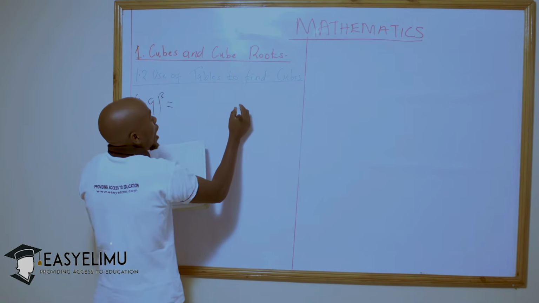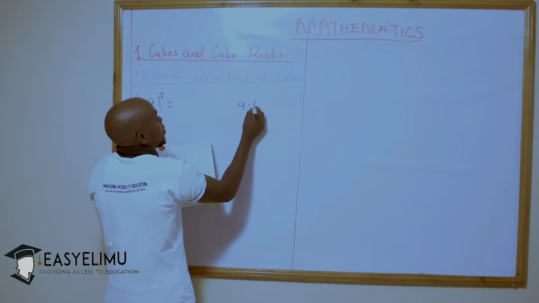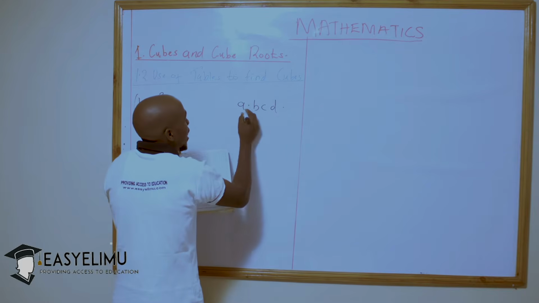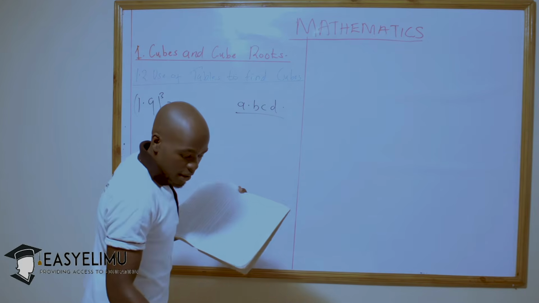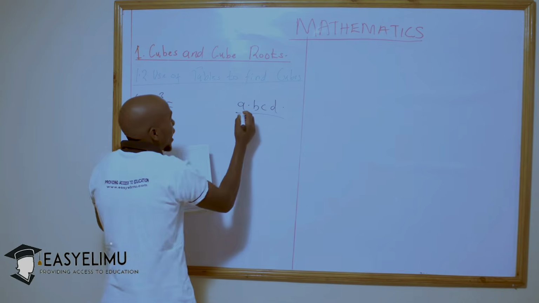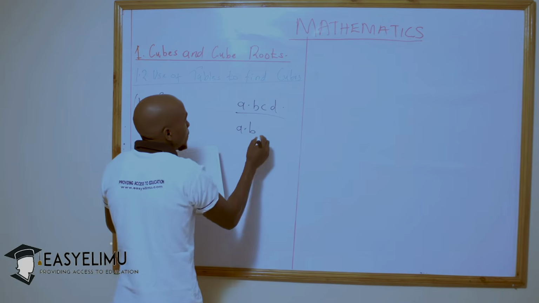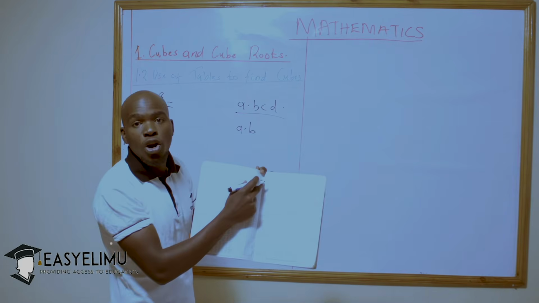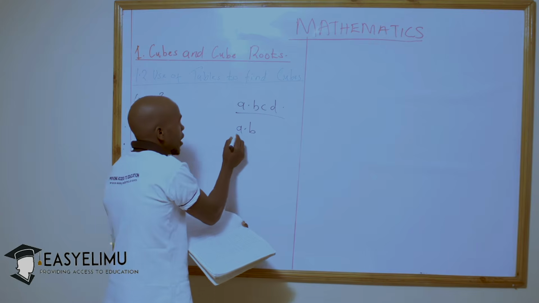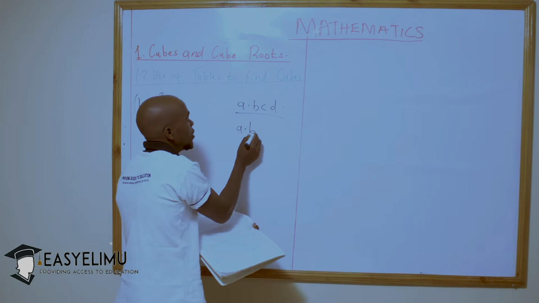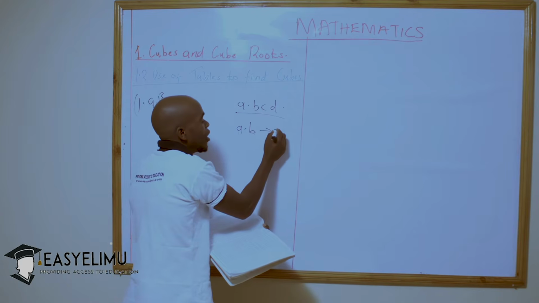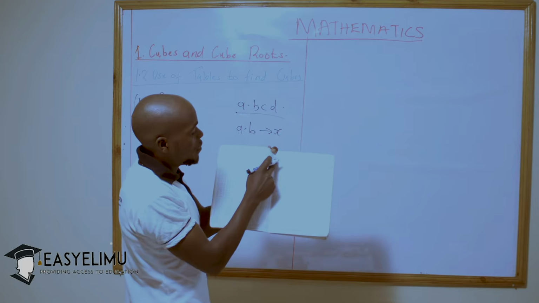For example, if you have a number like a point b, c, d, then we shall locate first a point b, that is under the column of x. A point b is located under the column of x, which I will have here.